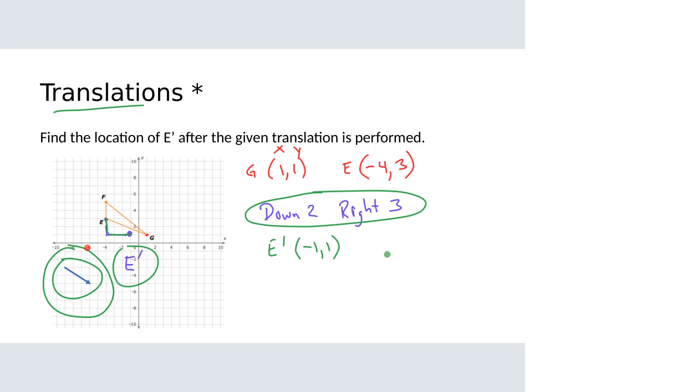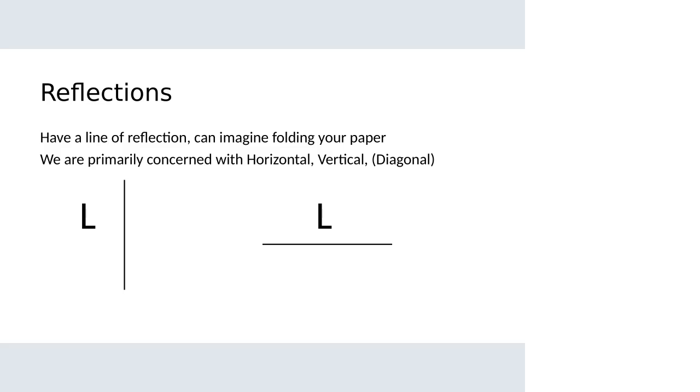All right, our second transformation is reflections. Reflections are like a mirror image, and whenever we do a reflection, there's going to be a line of reflection. That's what we are going to reflect the image across. So we're going to be given some image, and we're going to reflect it across the line of reflection.